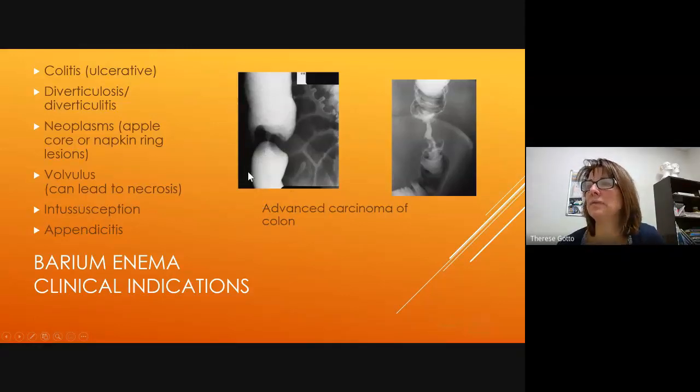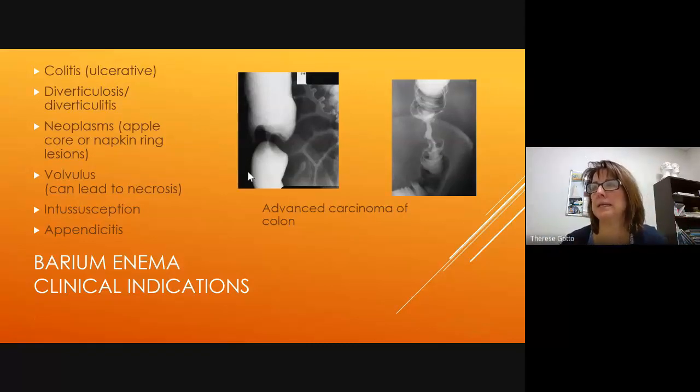It can be a volvulus, which is a twisting of the large bowel, the colon, and if the blood supply is cut off long enough, it can lead to necrosis. Intussusception usually happens in little ones where the bowel telescopes in on itself. A barium enema with these kids usually will resolve that.